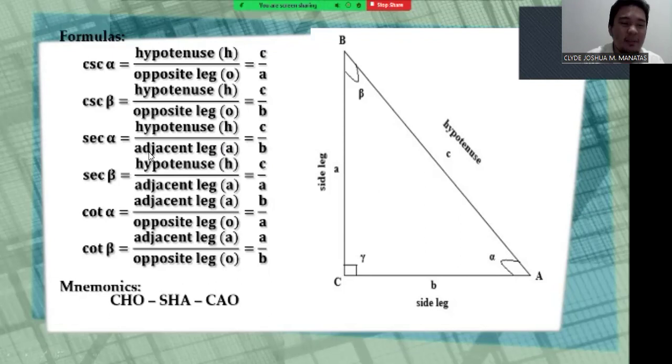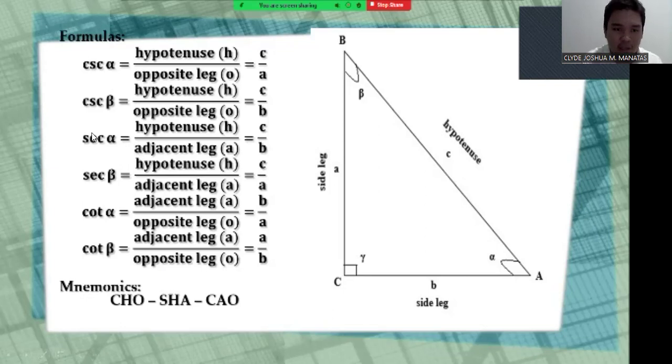To make it easier to remember, this is the mnemonic of these formulas: Cho-sha-kao, which means cosecant is hypotenuse over opposite, secant is hypotenuse over adjacent, and cotangent is adjacent over opposite.